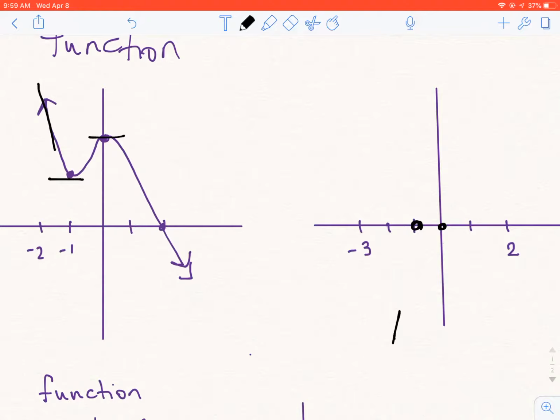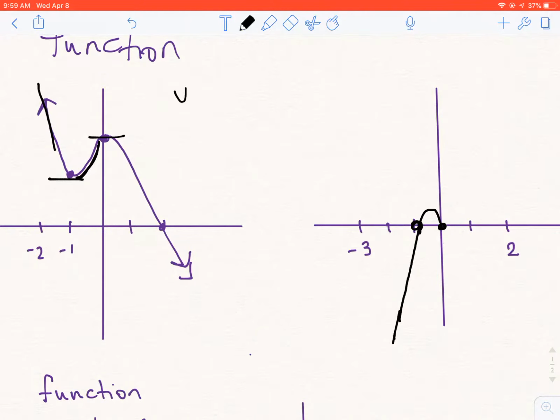Then it becomes less negative as I keep going up, so it's going to be like that. And then this little bit in here is all positive slope. So it's all positive, but it's got to come back down to 0. So I'm going to go up a little bit and then come back down to 0.